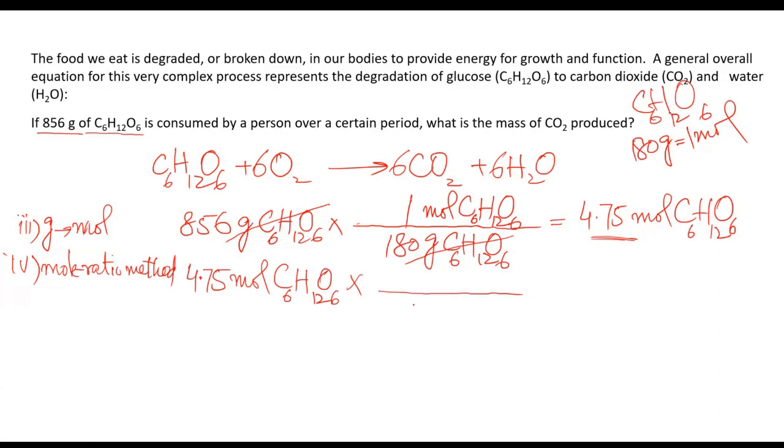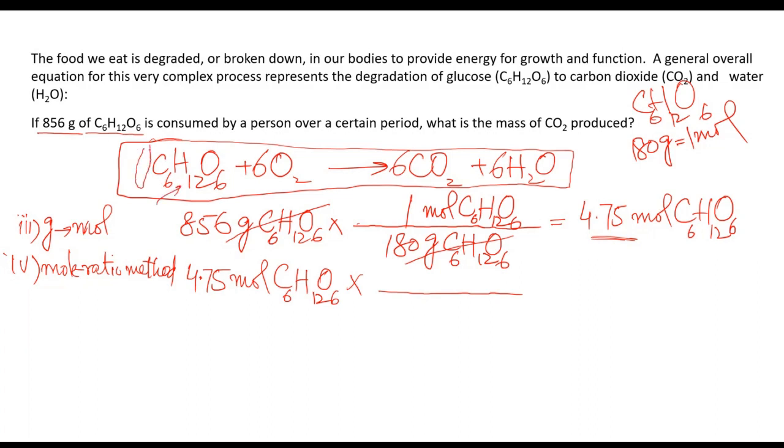Now, here is the problem, boys. For the mole ratio method, you will use this balanced chemical equation. Now, what is given? We are given glucose. How many moles here? 1. So you will write 1 mole of glucose down.